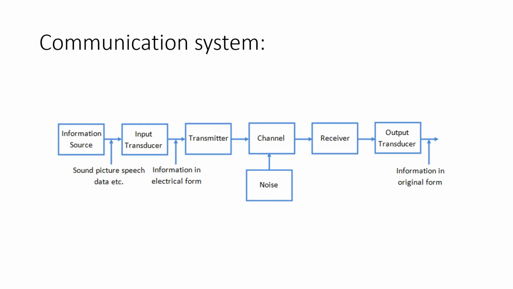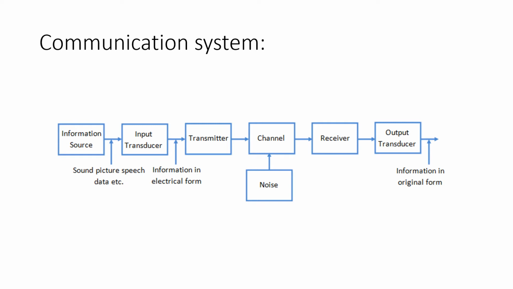This is the block diagram for the communication system. Here we have information source, input transducer, transmitter. The signal from the transducer has to pass through different blocks such as filters, modulator, and amplifiers. After the amplification, this modulated signal is transmitted over a channel.